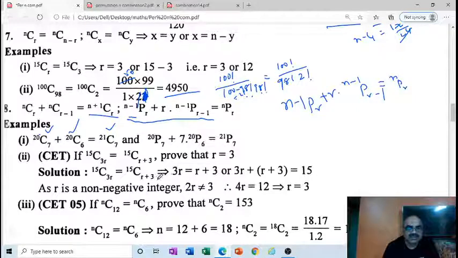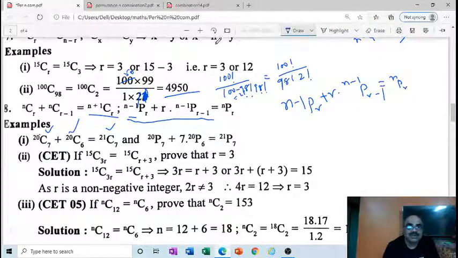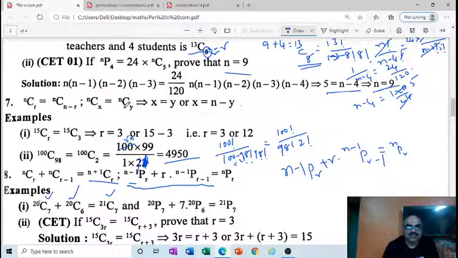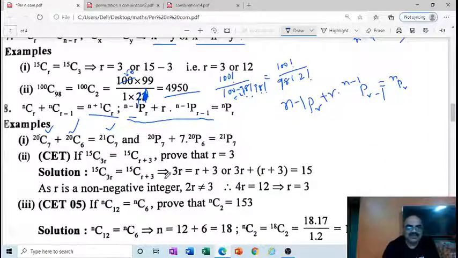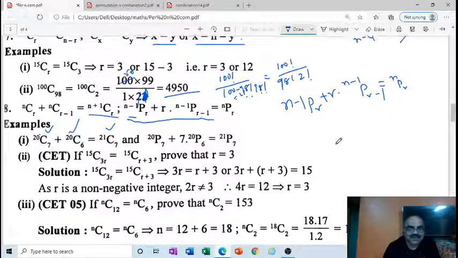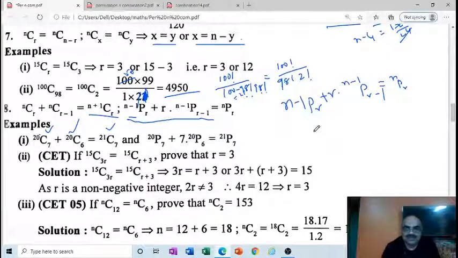R is equal to X, you can do, and R is equal to N minus, this formula. NCX is equal to NCY: X is equal to Y, or X is equal to N minus Y. Both ways. 3R is equal to R plus 3, correct?